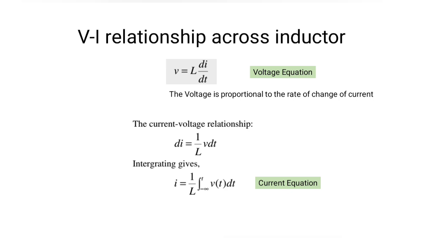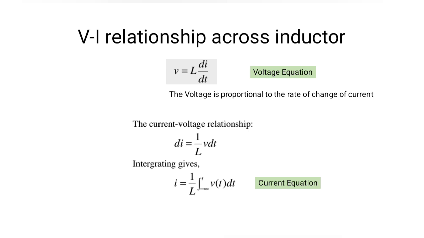To remove that proportionality, we introduce a constant called inductance. In specific, it can be self-inductance. And the current-voltage relationship from the basic V equation, we can have dI is equal to 1 by L into V dt. It is arrived from the previous equation.